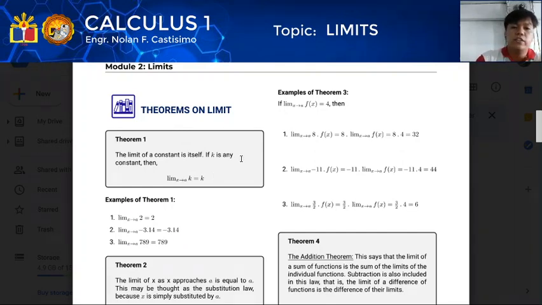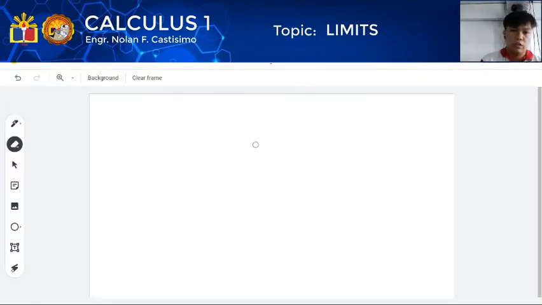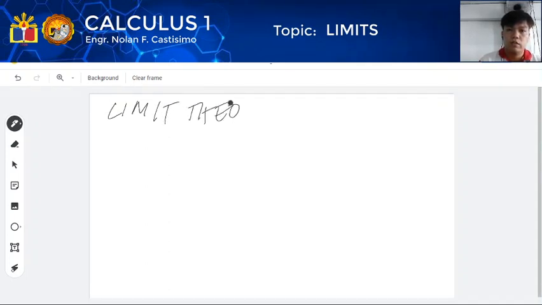So, for example, sulat natin. Okay. Limit theorems. Number 1, Theorem 1.